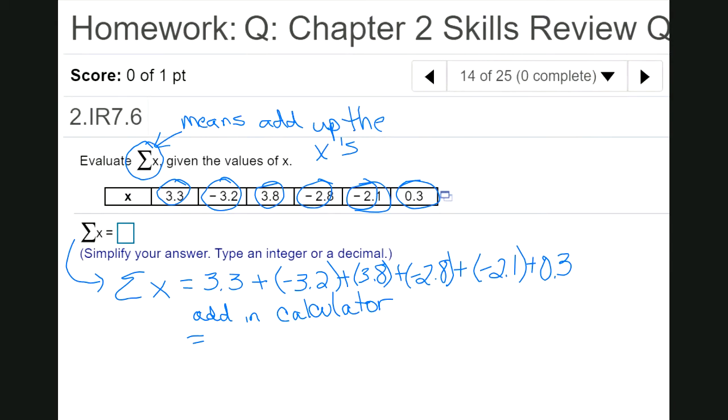So I saw that somebody said, let's see what you guys got for an answer. Oh, good. Looks like you got the same answer. Mia and Kendra both got -0.7. How many of you agree with that?